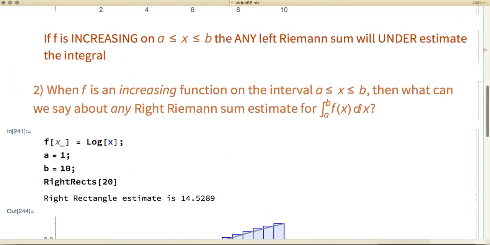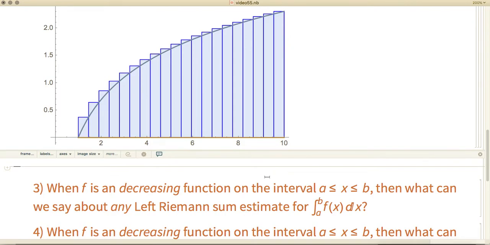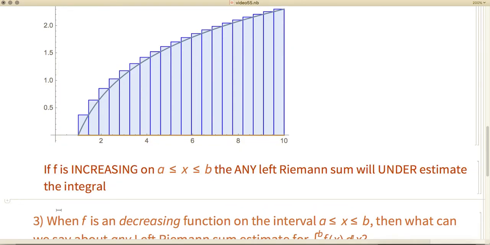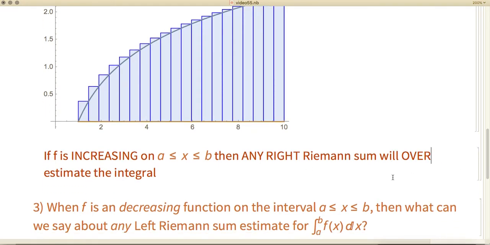So I want to synopsize what we have here. If f is increasing on my interval, then any right Riemann sum will overestimate the integral.